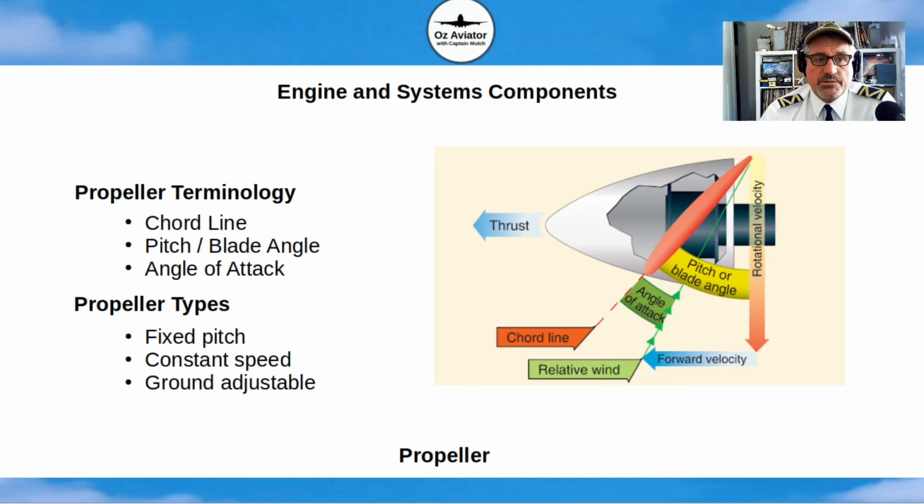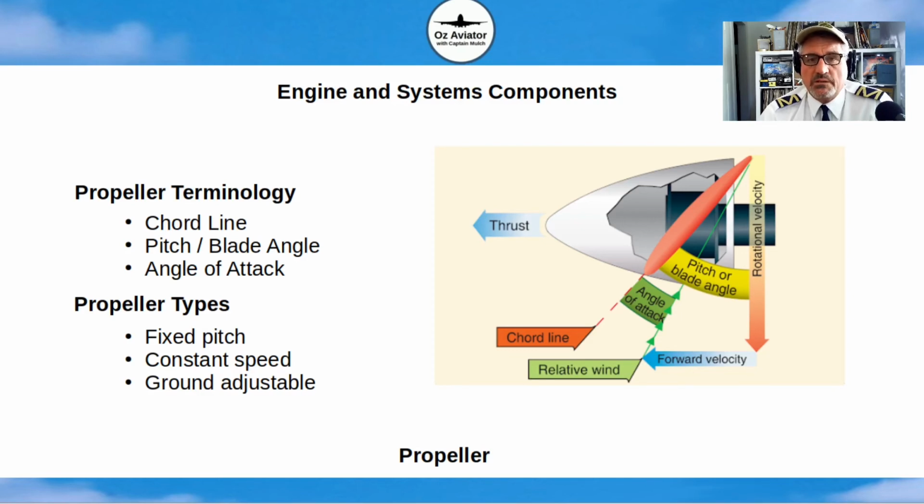There's also ground adjustable propellers. They're not very common, but the reason for them is you may have an aircraft that you're just doing circuits with, so lots of climbing, requiring the propeller to act more efficiently in a climb. So you'd have the pitch or the blade angle of the propeller at a finer pitch.